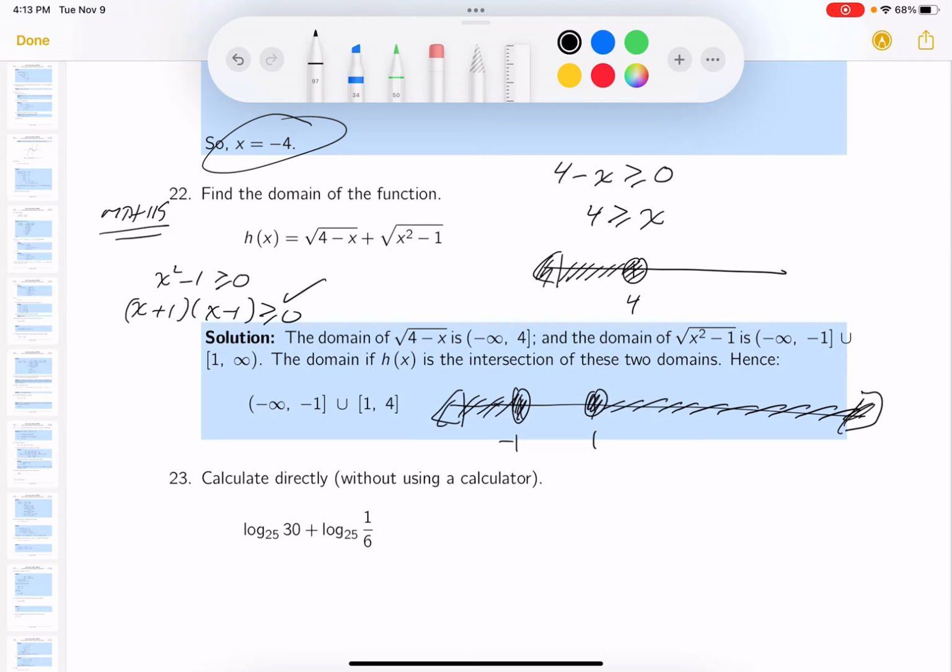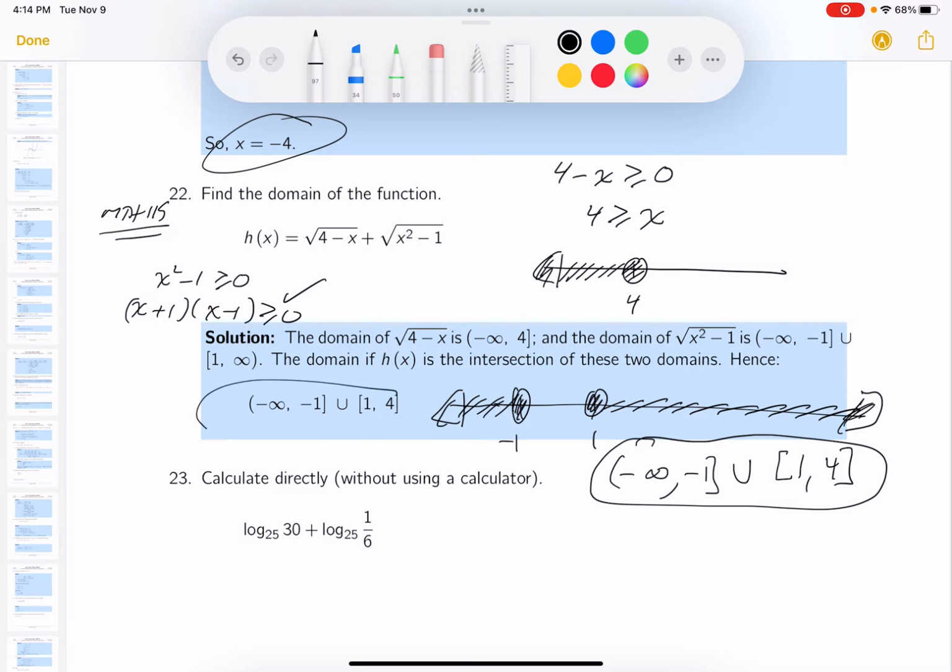Now what I'm trying to do is find out where these two sets intersect, and they intersect from minus infinity up to and including minus 1, union, they start intersecting again from 1 up to 4. This is a combination of two functions, by the way, and I'm taking the intersection of their domains. What's the answer? The answer is staring straight at us, all right?